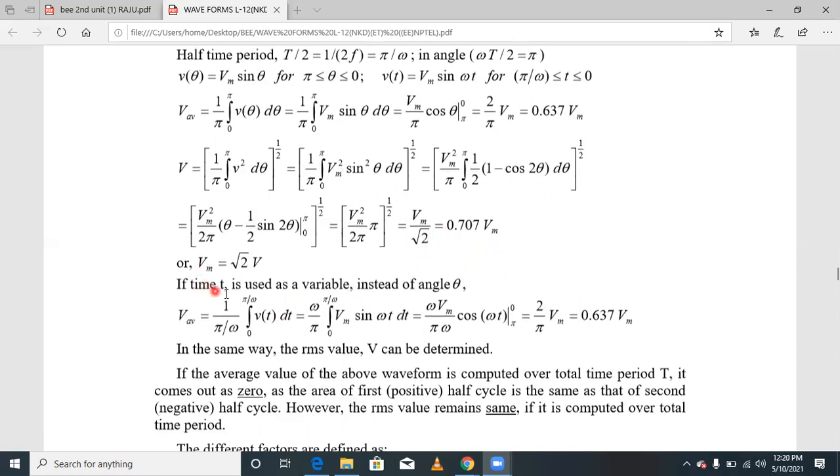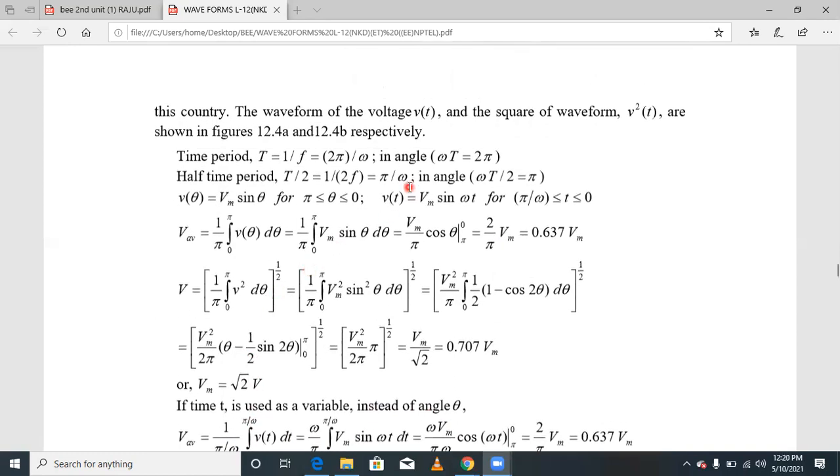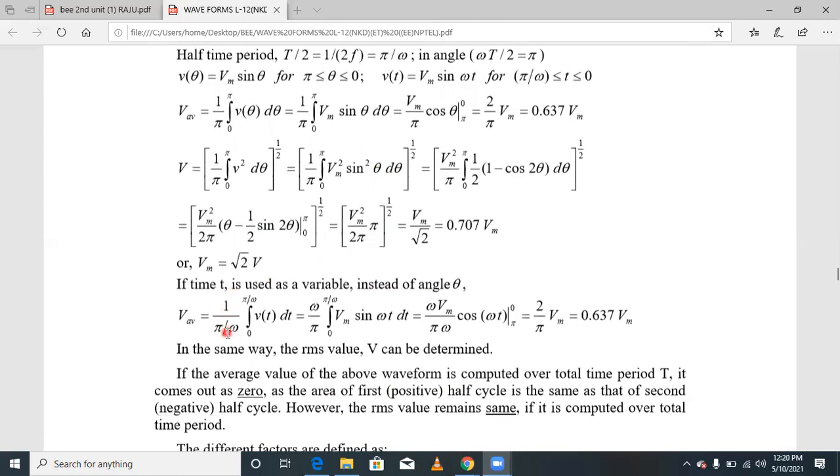If time t is used as a variable instead of angle theta, substitute here: V average is equal to 1 by pi by omega, that is the time period, 0 to pi by omega. This pi by omega is the half time period. For the average, take half time period, pi by omega. Substitute this pi by omega here: 1 by T by 2, half time period, integral 0 to T by 2 of v of t.